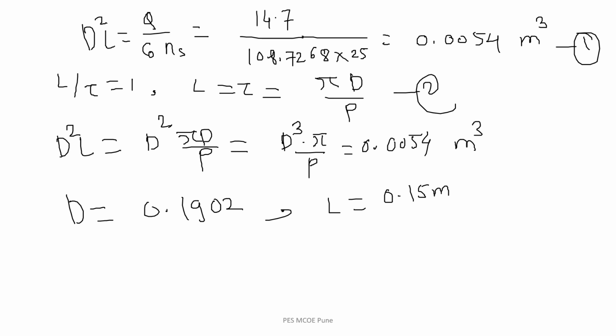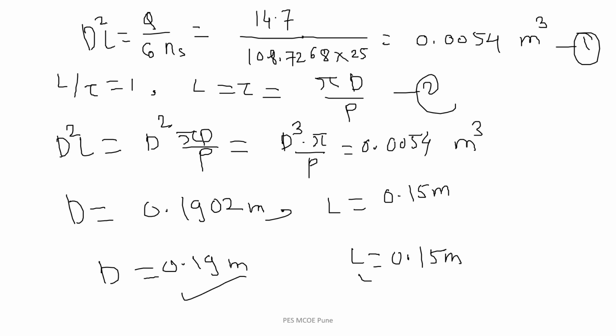Okay, so we have calculated D and L. With this process, the unit should be meter. So the approximate values of D and L are D is equal to 0.19 meter and L is equal to 0.15 meter. Thank you.